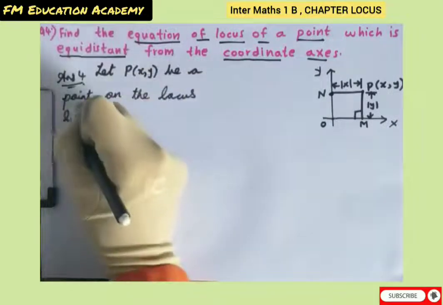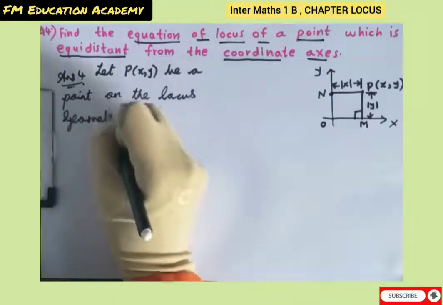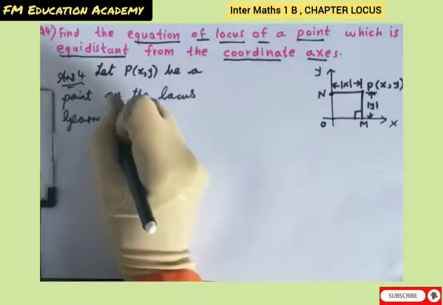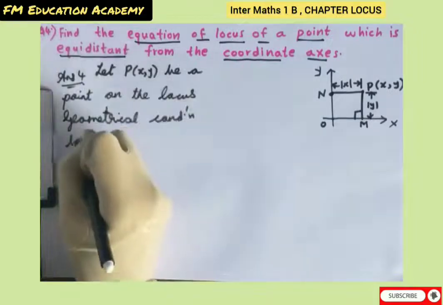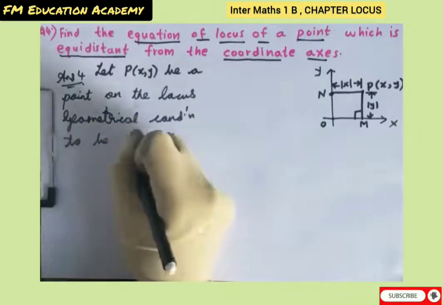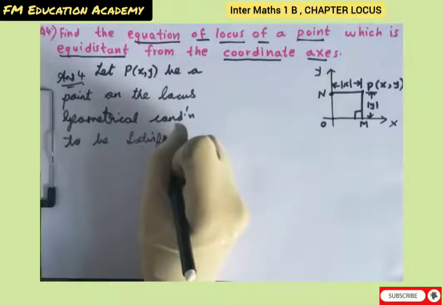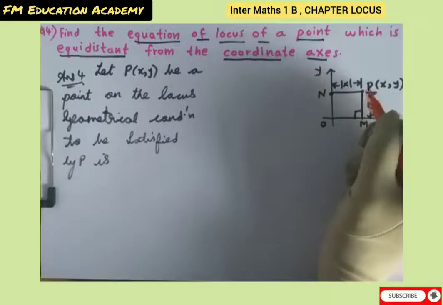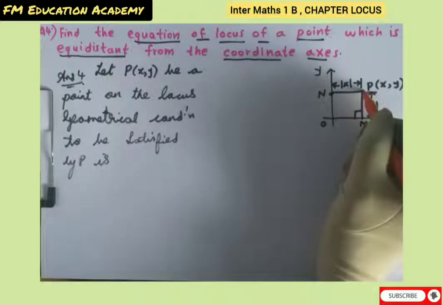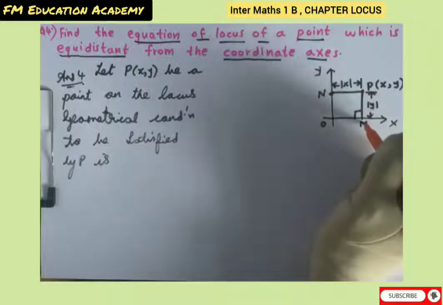So what is the geometrical condition to be satisfied by P? What is the condition given to us? Distance from P to y-axis is equal to distance from P to x-axis.